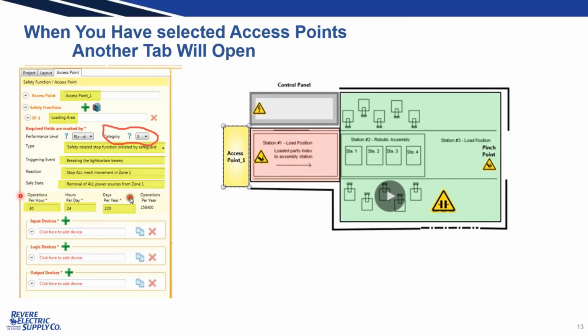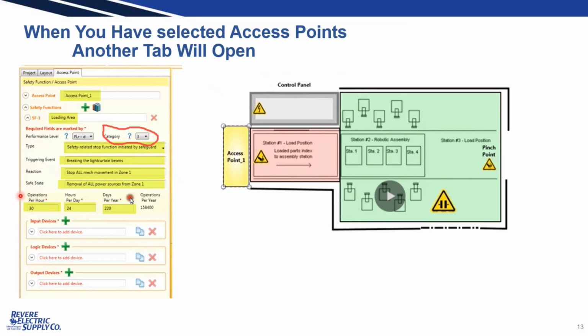Once you've done that, you come down here in order to make sure everything's taken care of within the specs and within the requirements of the code: operations per hour, hours per day, and then days per year, which is obviously adjustable for whether it's a 24 operation, 7 days a week, or you're just working 8 to 5, however you do it.